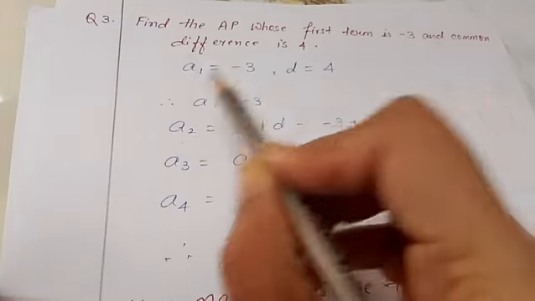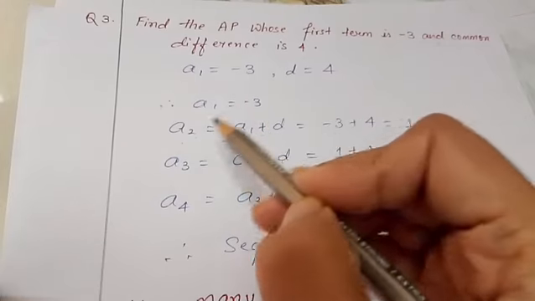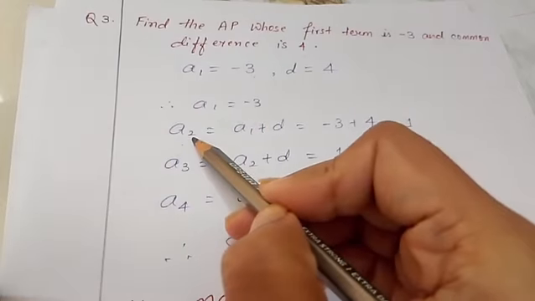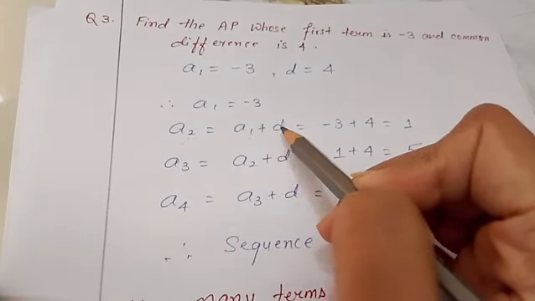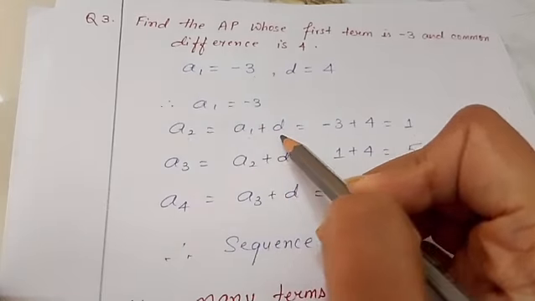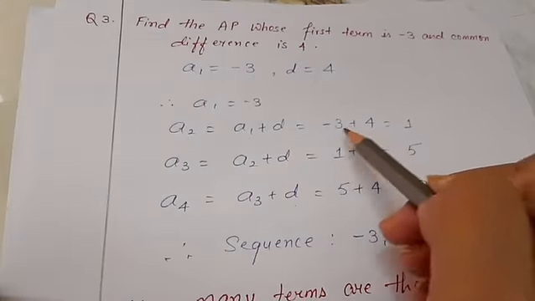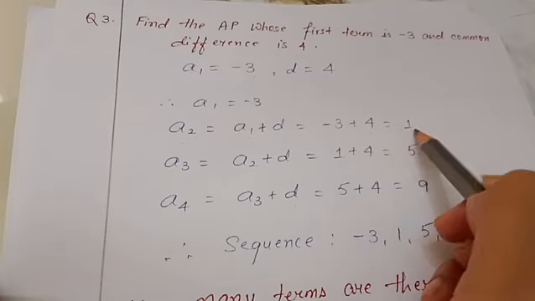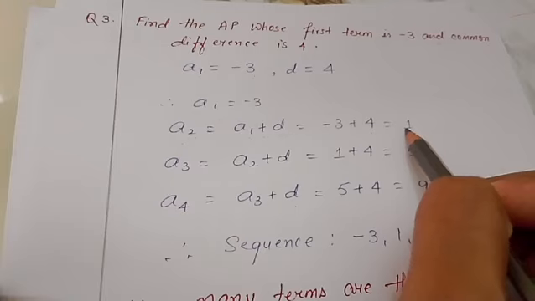First term n is equal to 1, a1 is equal to minus 3. Second term n is equal to 2, a2 is equal to a1 plus d. Substitute the value of first term and common difference which is minus 3 plus 4. 4 minus 3 becomes 1, positive 1. Therefore, a2 is equal to 1.